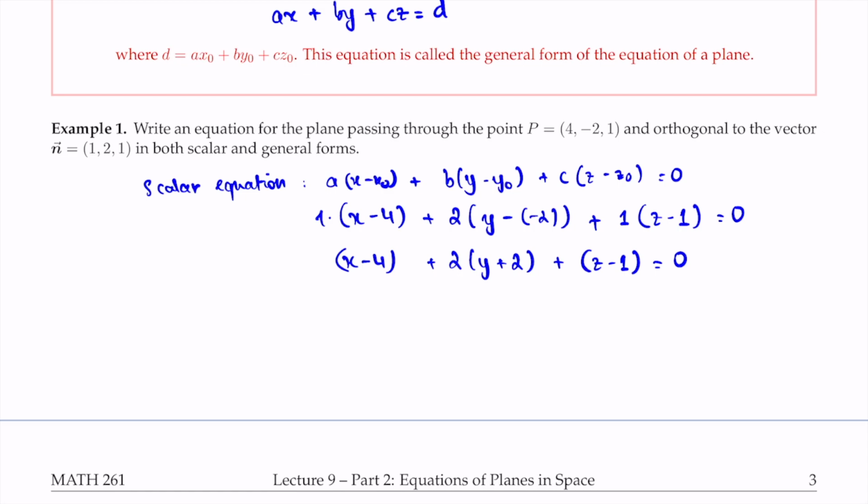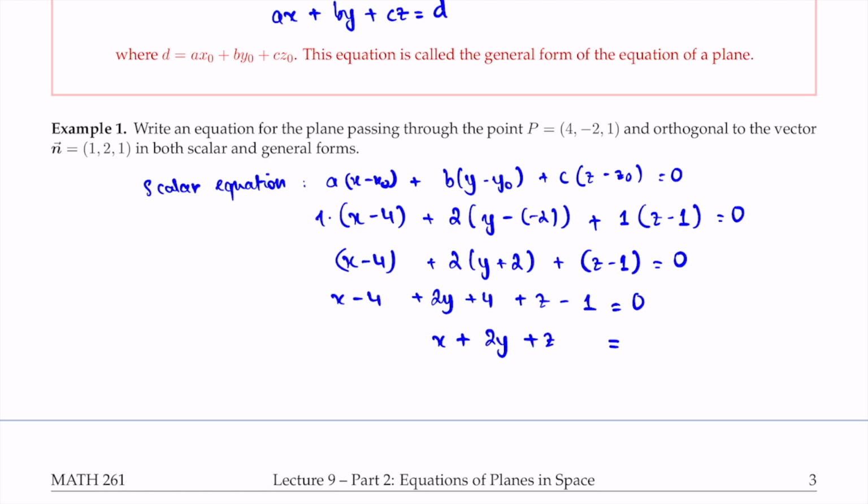Now we again can manipulate this equation further to arrive at the general form, or general linear equation, of the plane as follows. So you have x - 4 + 2y + 4 + z - 1 = 0. So you got x + 2y + z. The -4 and 4 cancel out.